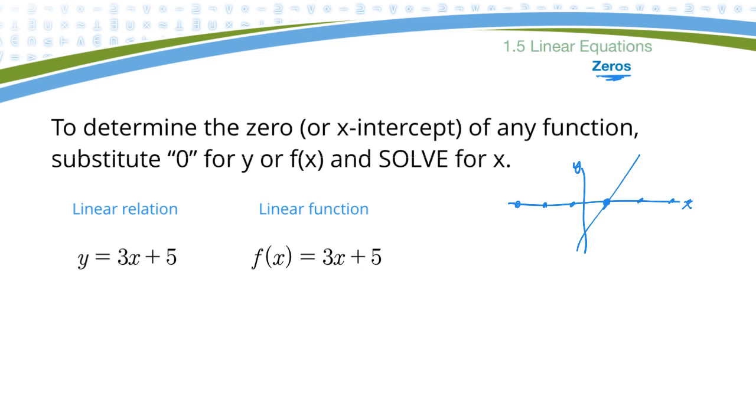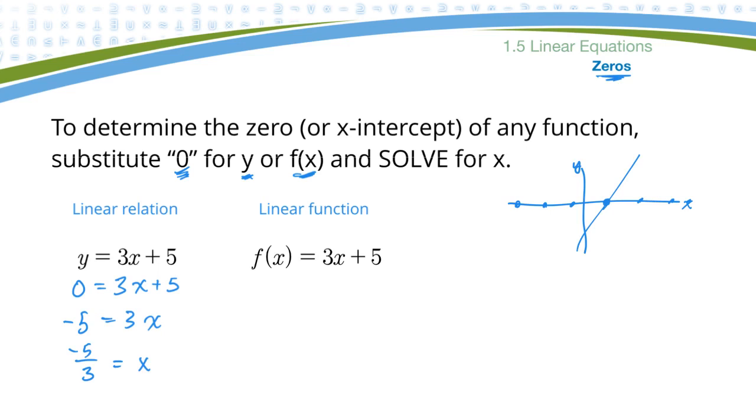So to find a 0 in a relation or a linear function, you substitute a 0 everywhere you see a y or an f of x. So here I'd put a 0 in for y, and now what I'm solving for is a 0. To solve this, I'll subtract 5 from both sides, so I'll have minus 5 is equal to 3x. Then I'll divide by 3 on both sides, and I'll get negative 5 thirds.